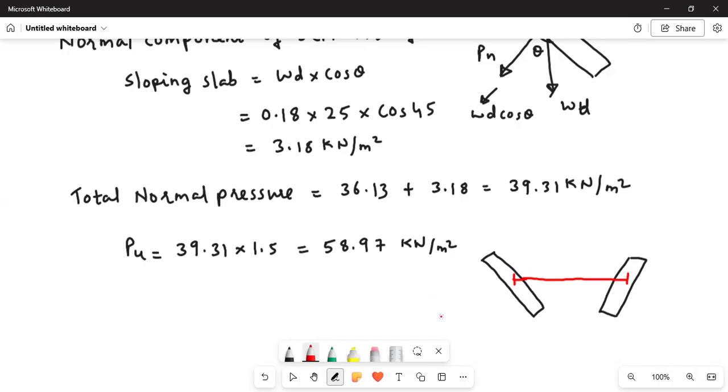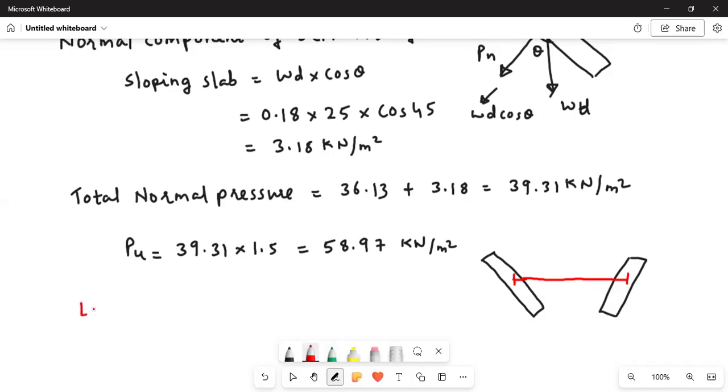To get the bending moment, you need the effective span. The effective span is the mean length plus T by 2 plus T by 2, which is equal to T.